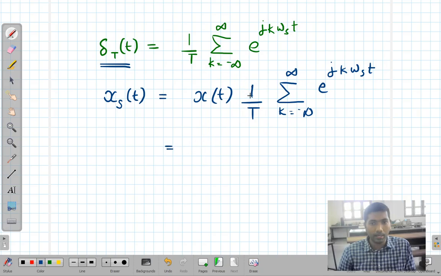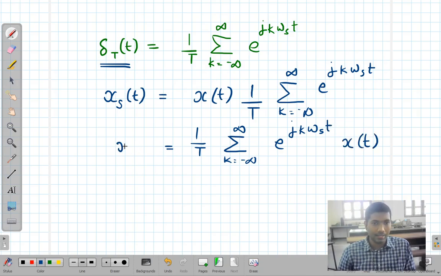I'm taking 1 by T on the left side and x(t) inside the summation, so it becomes 1 by T, summation k equal to minus infinity to infinity, e raised to j k ω_s t into x(t). So this is the sampled signal now.